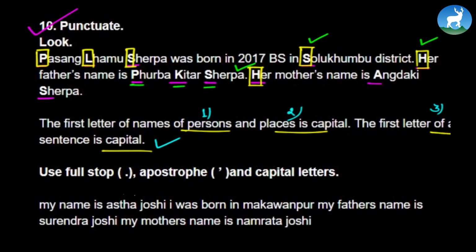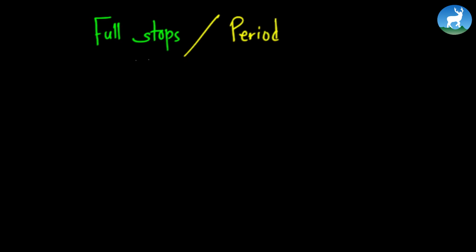Also, you should know when to use full stop, apostrophe, and capital letters. When do we generally use full stops, or what the Americans call a period? We normally use a period at the end of a sentence.